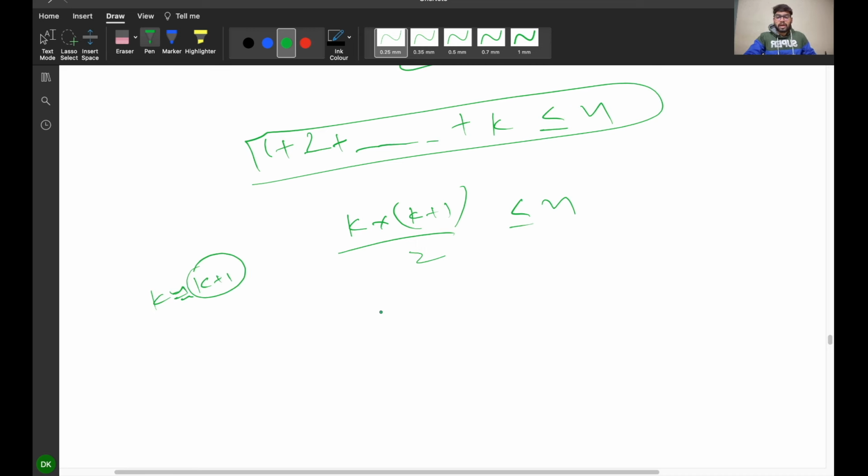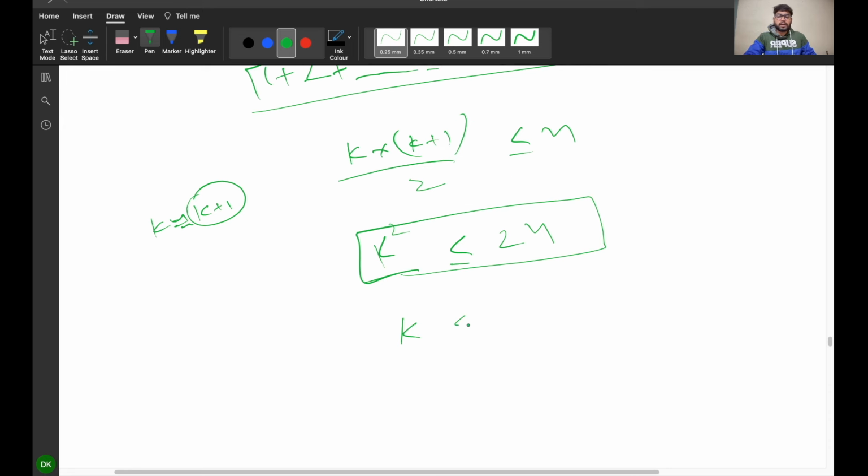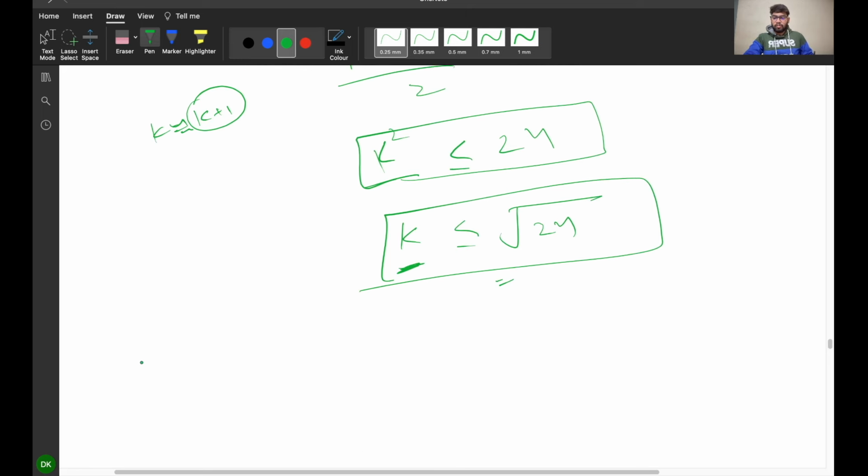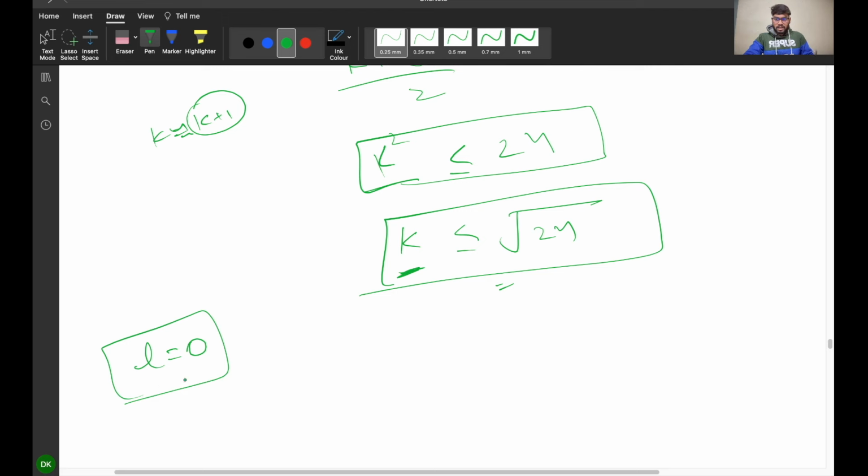So I can simply assume that k square is less than or equal to 2n. And if I am determining k, k is root under 2n. This is the largest value of k for a particular n. So for L, I initialize it at 0, and R I initialize at root 2n, plus, for making it safer, I increment it by 1 unit.